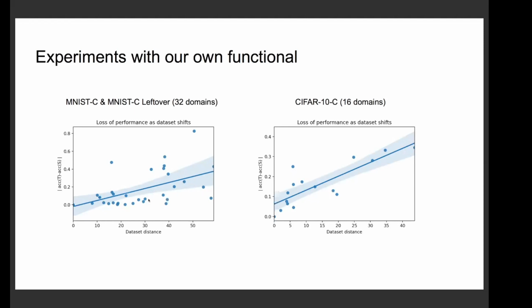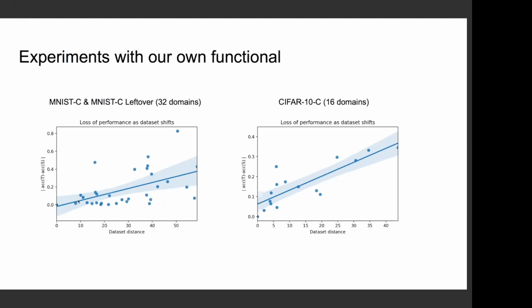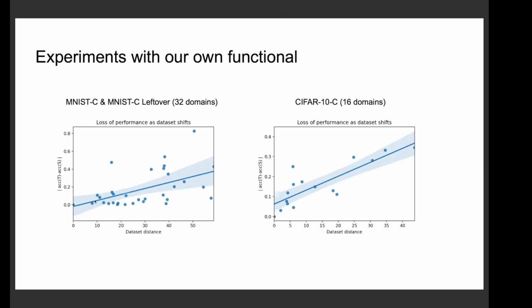The farther we are from the identity data set, the greater the gap between the target and the source distribution. This is expected. In a nutshell, if you have one training data set and your test data set is very different from your training set, you are expected to have your accuracy decrease substantially.